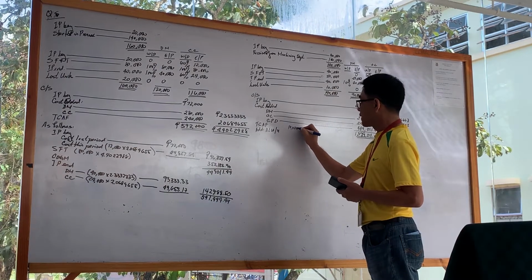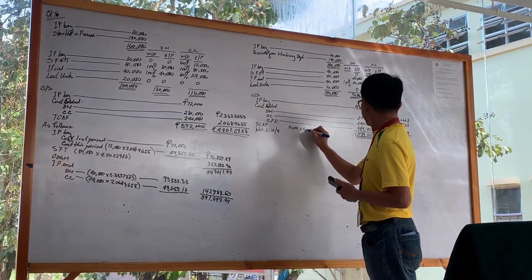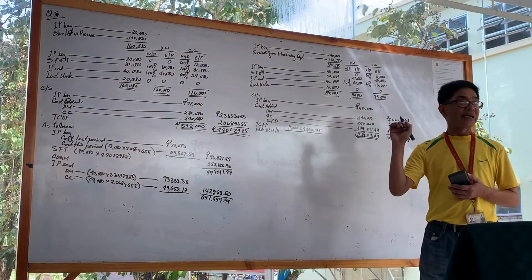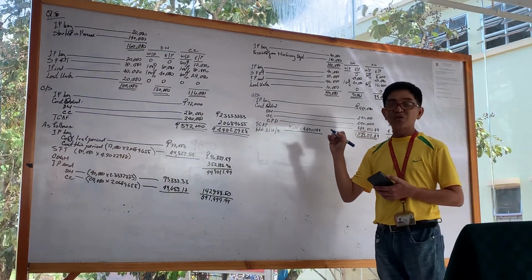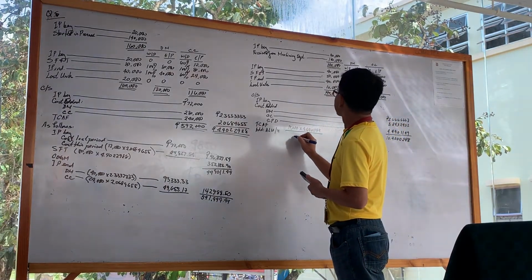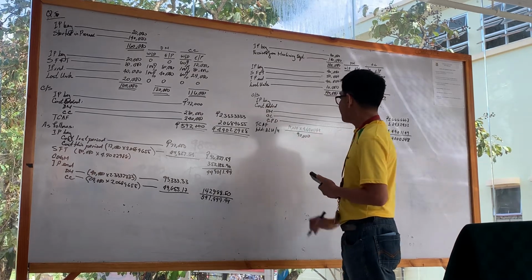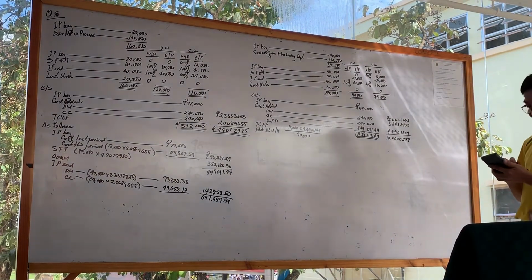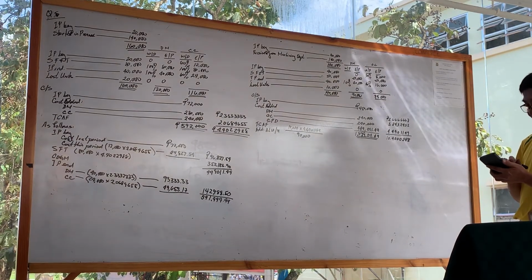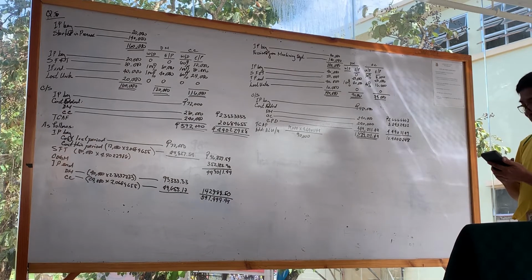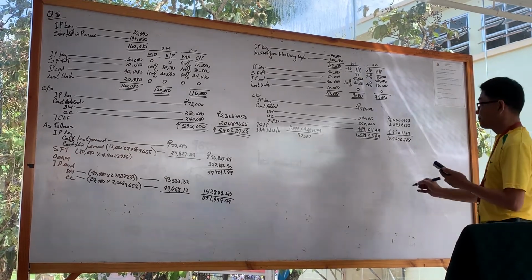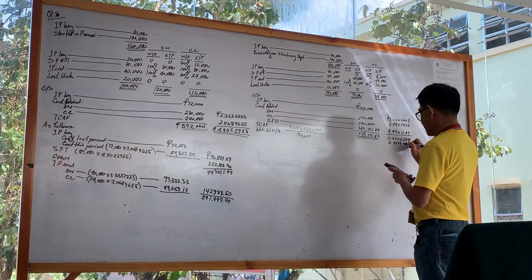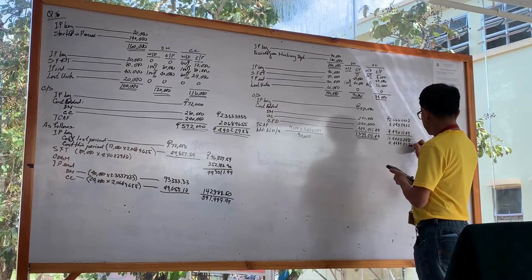Actual lost units times unit cost from preceding department divided by number of remaining good units, which is 90,000. That will give us 0.4989017.